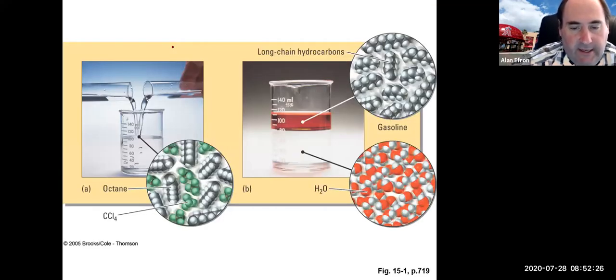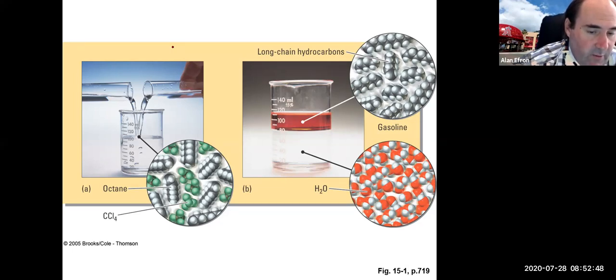And here's again that layering effect. If you take something like this, which is oil and water, you can see there's really no crossing there. They separate out, with the oil up on top. Over here is octane and carbon tetrachloride. These are two nonpolar liquids being mixed together, and you can see that they mix really well.